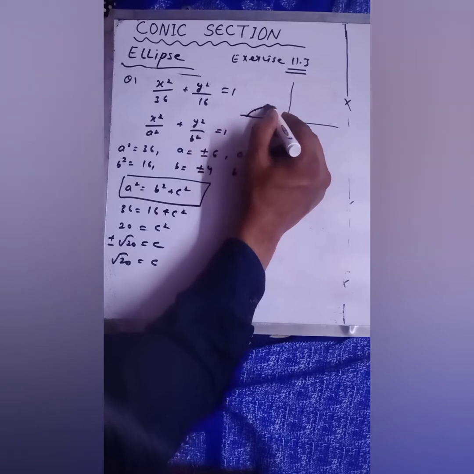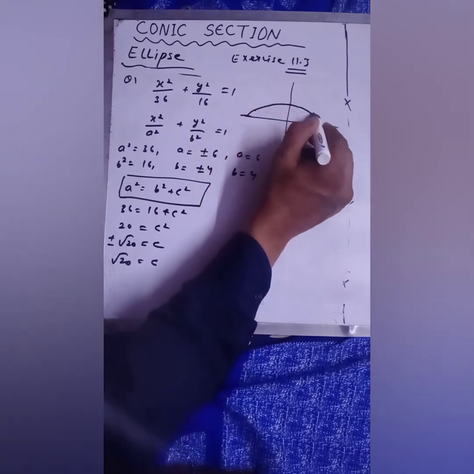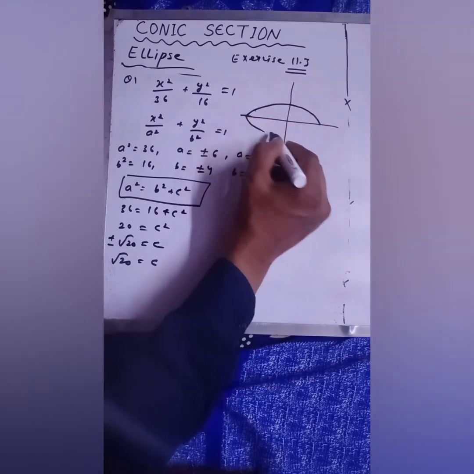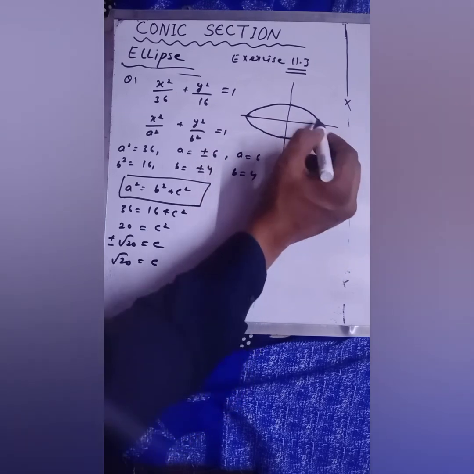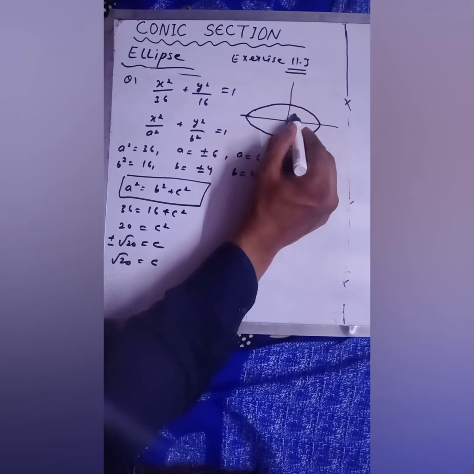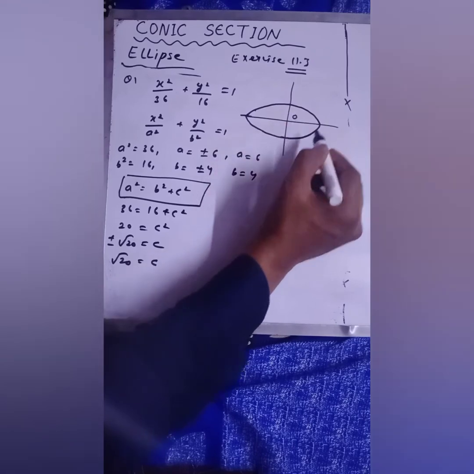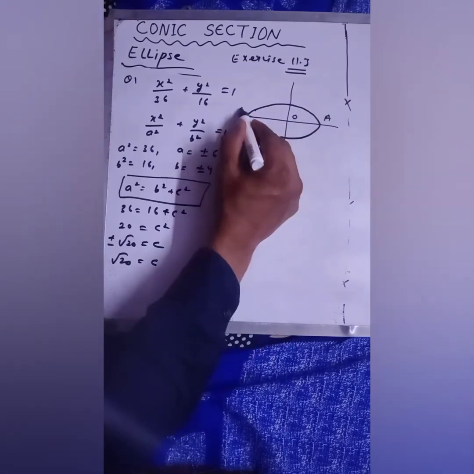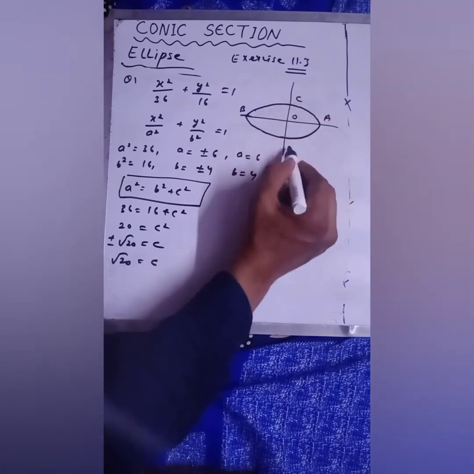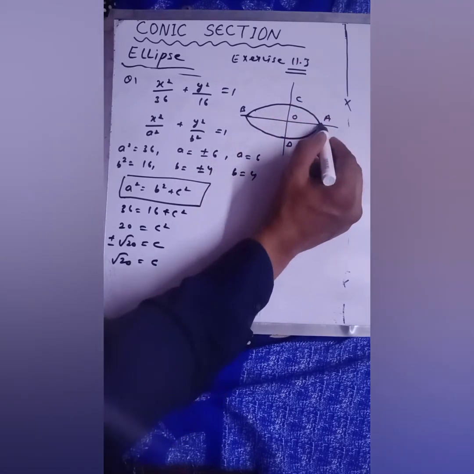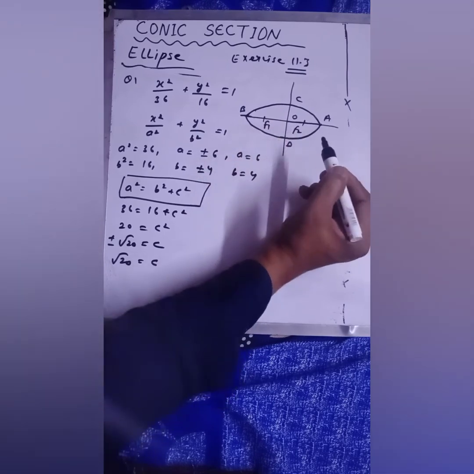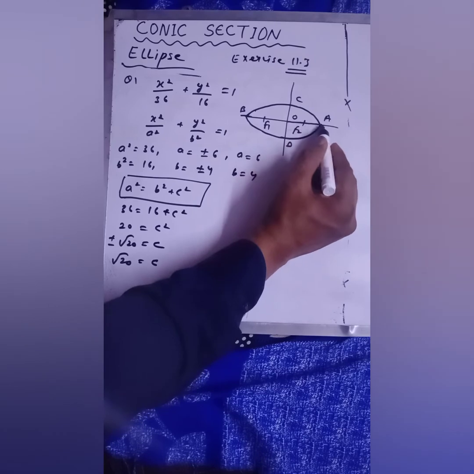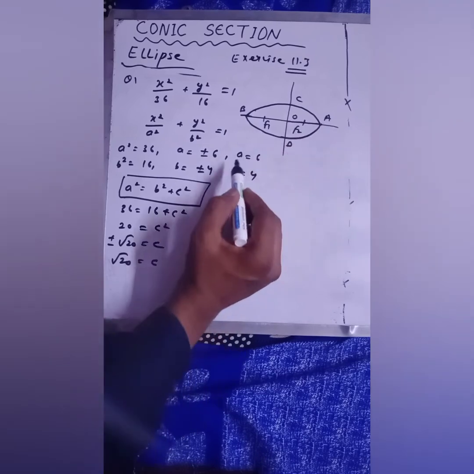See. Okay, so this is your center O. I'm giving this name A, B, this would be C, and this would be D. The coordinate, as you know that this is your distance A. This is your F1, this is your F2. Fine. And here the A is given, that is 6.